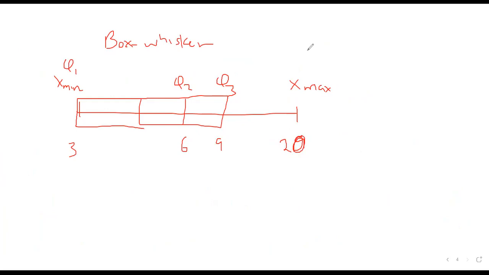Now, they would want you to identify what is called an outlier. An outlier is simply what is out of the expected range.